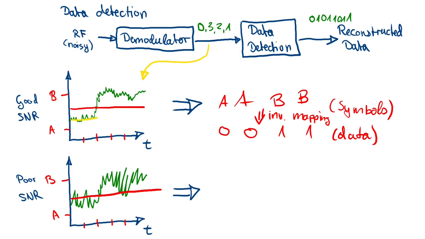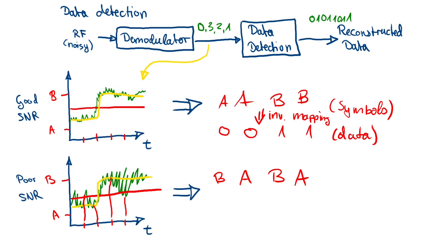Basically there's the same function behind this symbol stream here, which is the output of the demodulator, but due to the noise, the first symbol can, for example, be decoded to B, and the next is an A, which is correct, and here it's a B, it's correct too. And the last one is an A again, which is false.